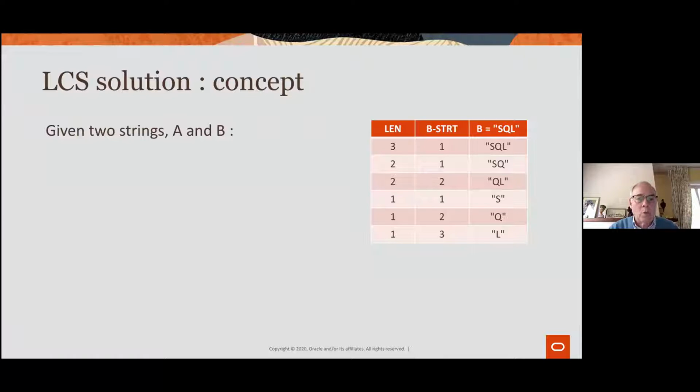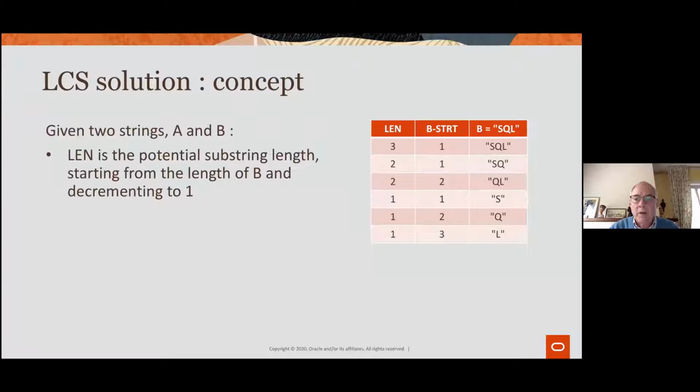So what I thought of as a concept to solve it was, given two strings, A and B, find a potential substring length, starting from the length of B and going down by 1 all the way to 1. And then for each value of the length, try all the possible starting points, starting from the beginning of A and then going on until there was no more room.